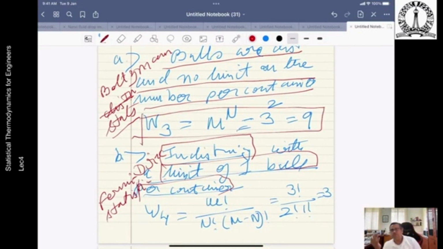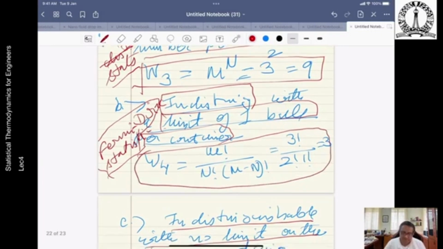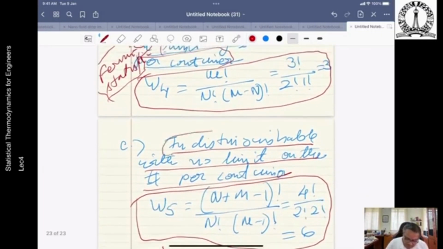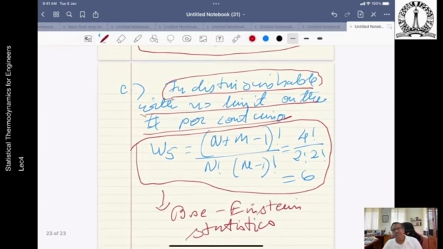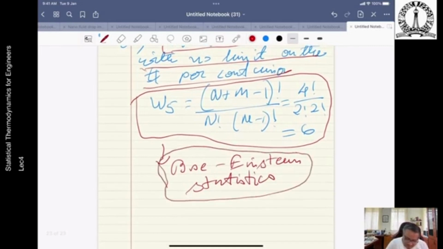When the particles become indistinguishable with a limit of 1 per container, that is called the Fermi-Dirac statistics. And your electrons and all other things follow the Fermi-Dirac statistics. And then when they are indistinguishable with no limit on the number of particles or balls per container, that is called the Bose-Einstein statistics. Okay. So this is S.N. Bose, and this is the famous Bose-Einstein statistics that we are talking about.